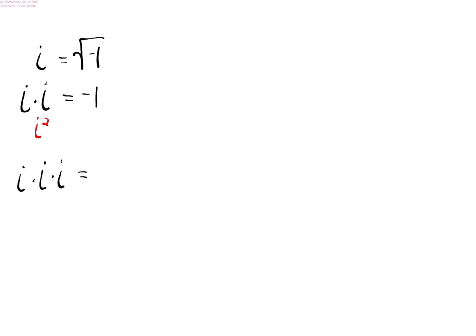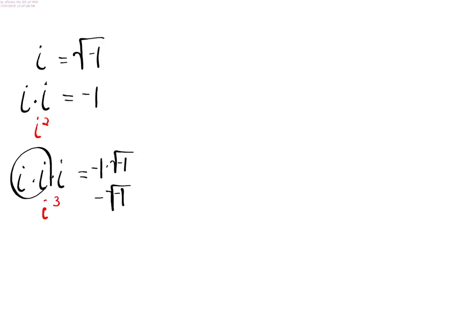That would be i cubed. That would be -1, that's these two here, times another square root of -1, because remember, that's what i is. So this is really -1 times i, or the negative of the square root of -1. And this is usually how it's written. That's what i cubed is.